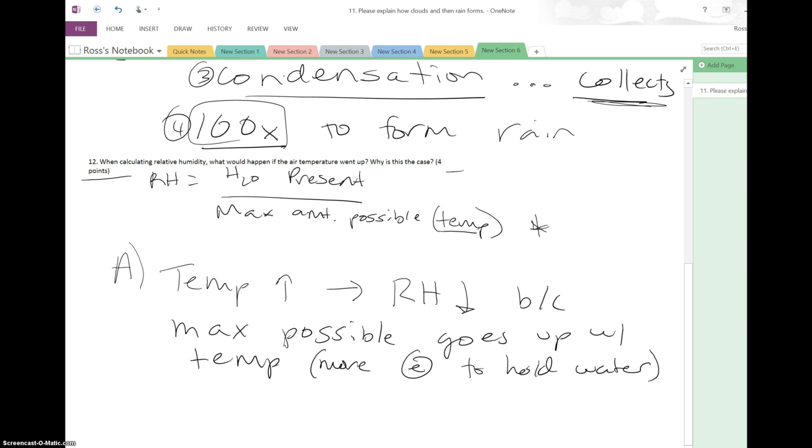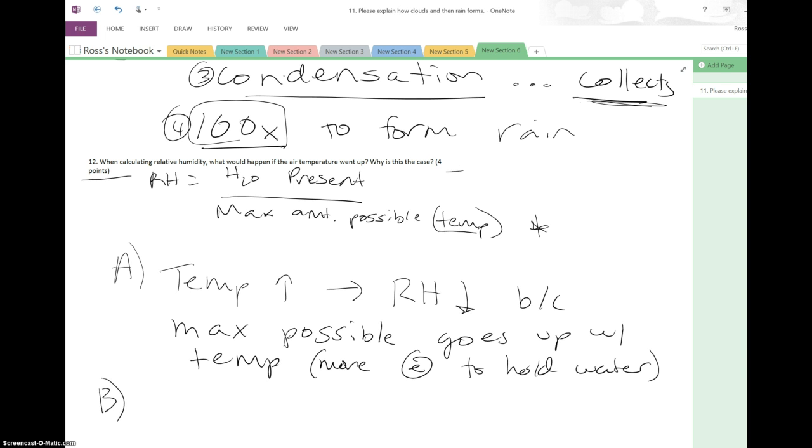Now, there's also another option. And let's think about this. If the temperature goes up and the energy in the air goes up, that does mean that the denominator will go up, the maximum amount possible will go up, but if there's a lot more energy in the air and the temperature's gone up because there's more sunlight, or maybe the sun burned off the clouds and now there's intense sunlight hitting the ground, what other thing could start happening more and more?